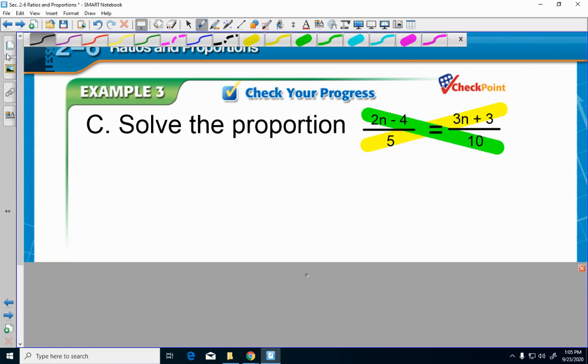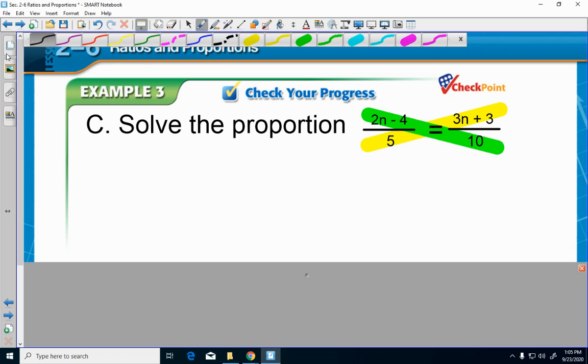True. Listen, I don't know what they equal, but I know that they equal each other. Cross products have to be equal to each other. Are you with me on that statement?